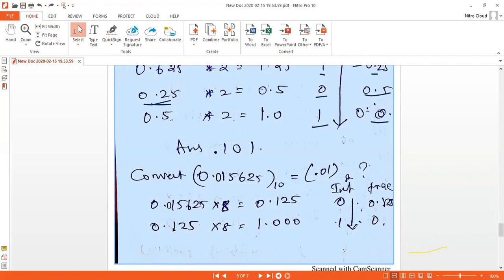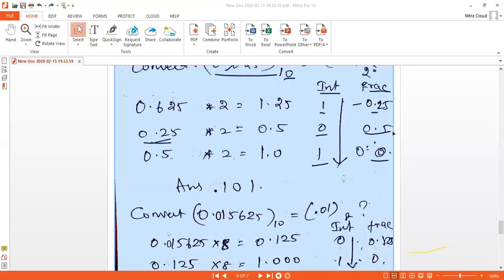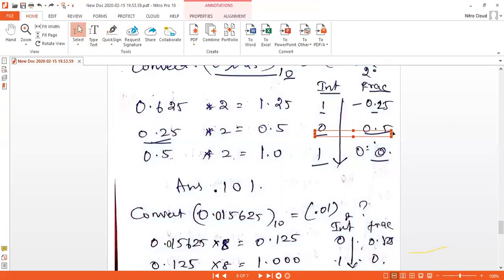Shivani ma'am, what is your doubt? Sir, in the previous example, you have written 0.25 into 2 and the answer is 0.5. Why not 0.025? See, 0.25 is 25 paisa, correct? 25 paisa 2 times is 50 paisa, correct? Now what is your doubt then?